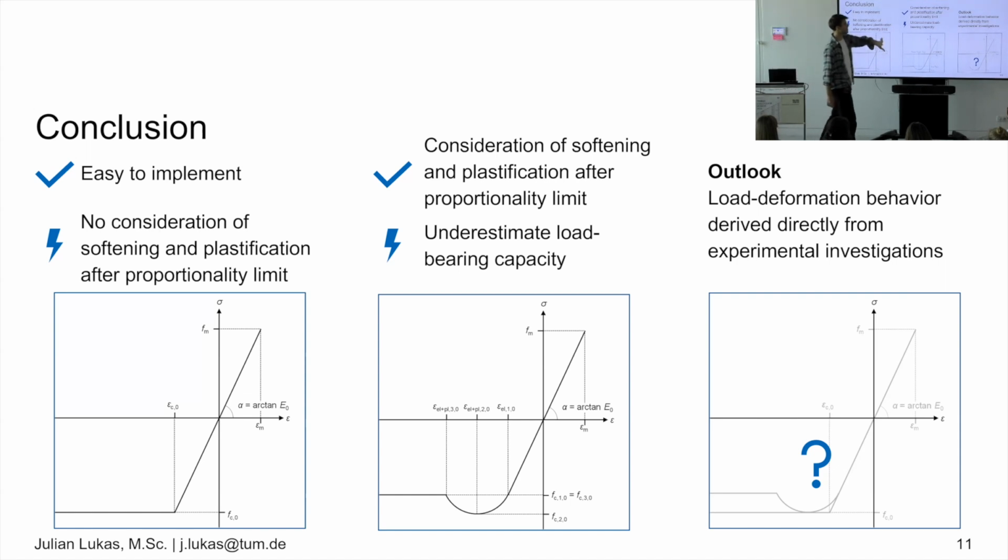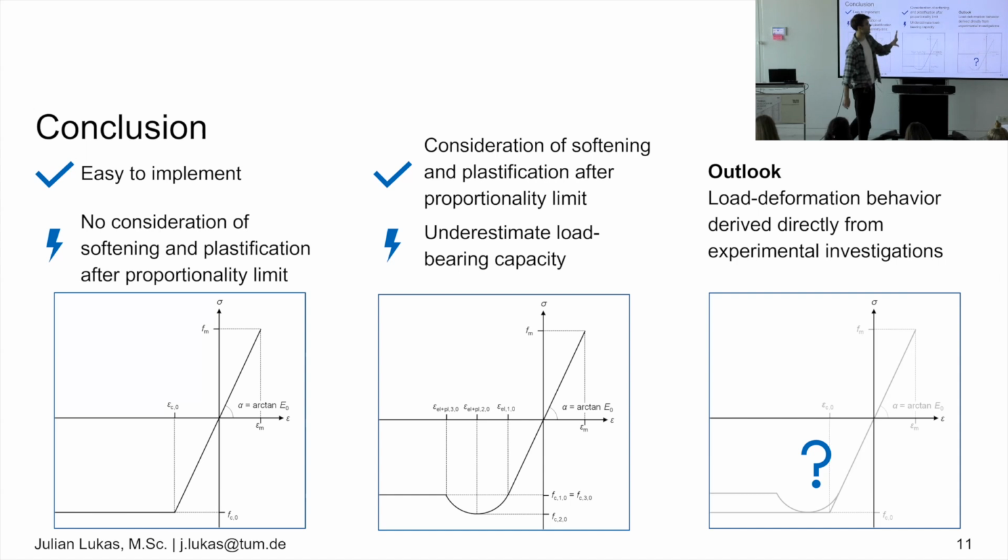I can do that with this kind of model, but at the end maybe I don't get the right results, because the load bearing capacity isn't modeled right if I give it the idea that tension failure will occur, or the maximum load bearing capacity is at tensile failure in bending.